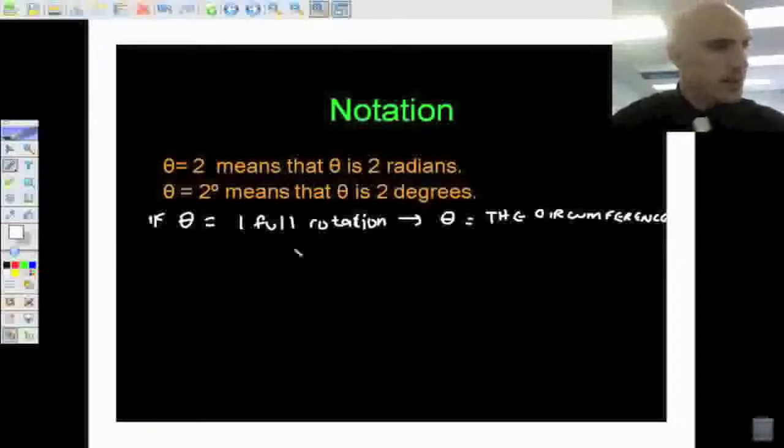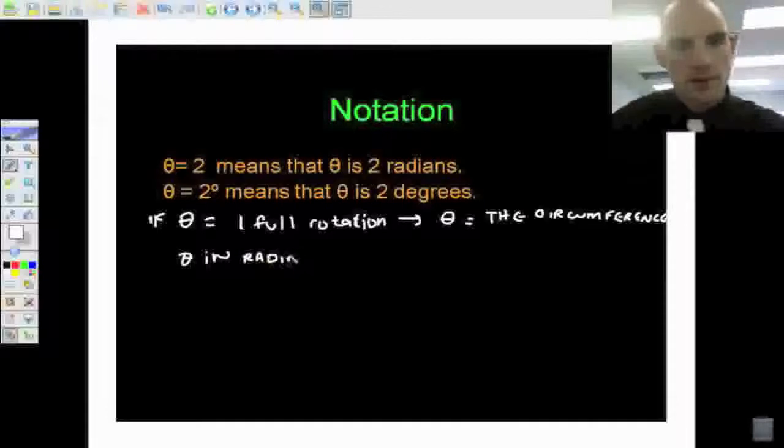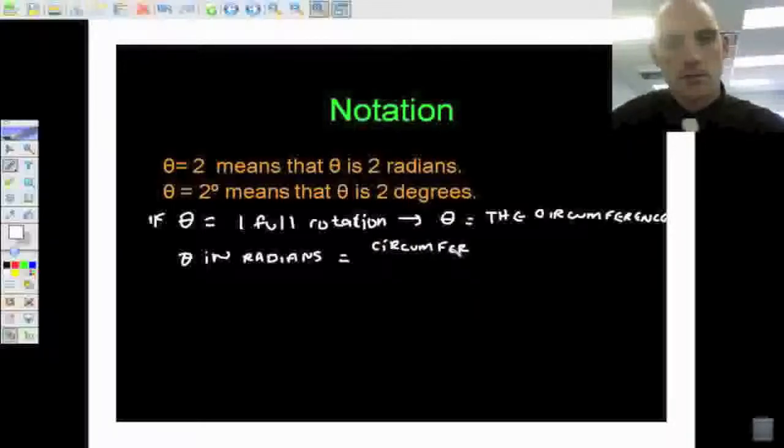That means that theta in radians is going to equal the circumference over the radius.